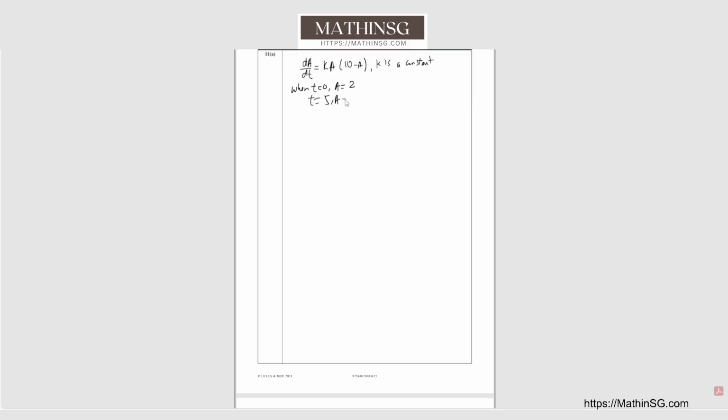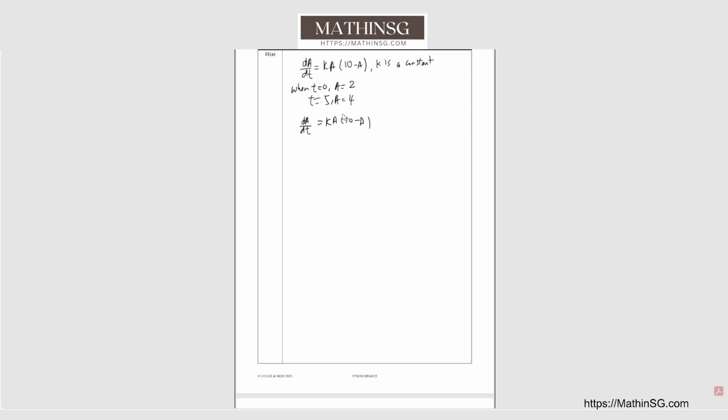These are essential because later I need to find my constants, my k and also my arbitrary constant. So I'll need to sub these in to find them. They give us 2 sets of values of t and a. This means that we have 2 constants, one of it is k, one of it is our arbitrary constant. So now we need to solve this differential equation by the variable separable method.